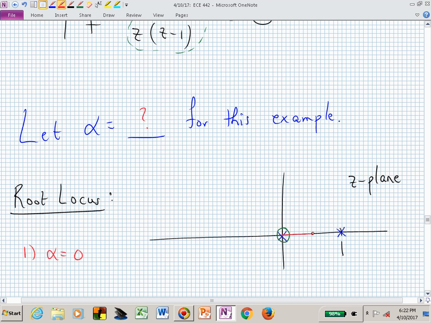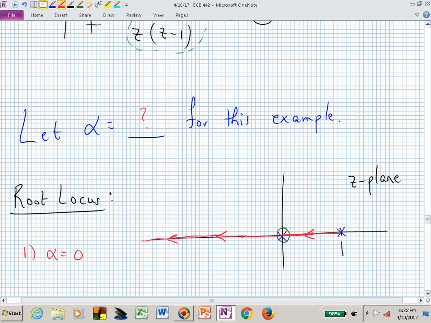So that's going to be on there. And that pole and 0 are actually canceling each other out, so they're virtually not there. So if I'm standing here, I could either see 1 or 3. It's odd. So that arrow is showing what happens as I increase the gain k from 0 to infinity.